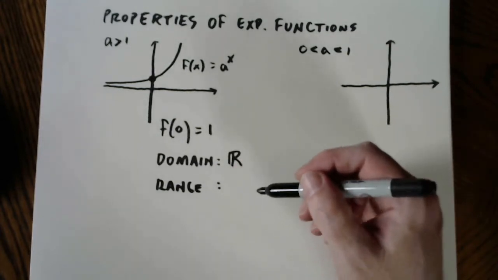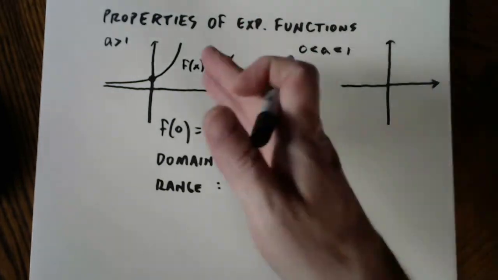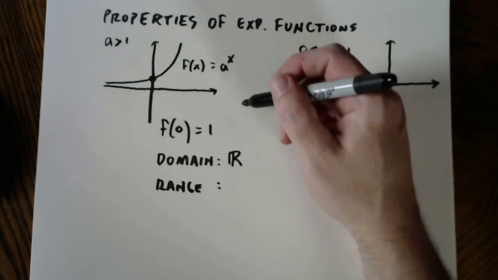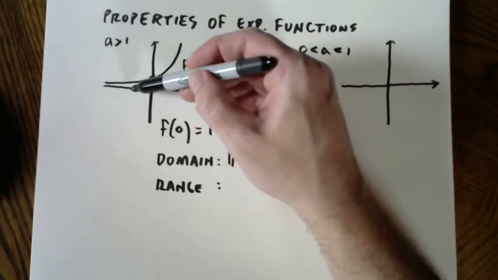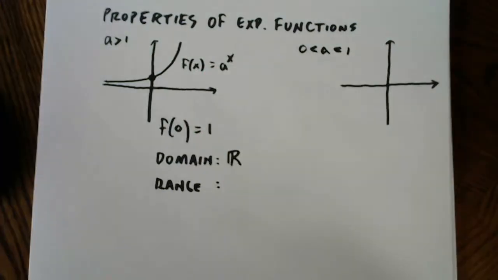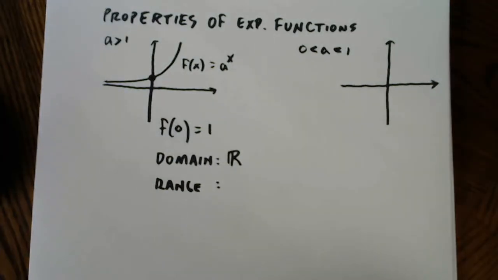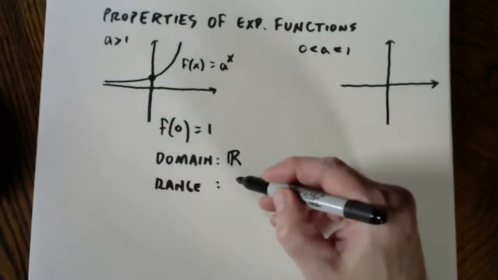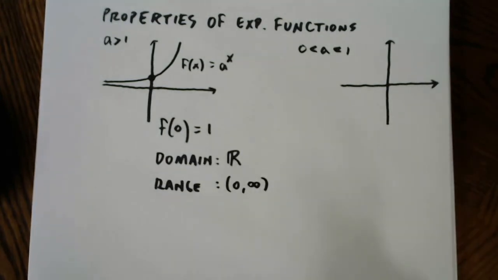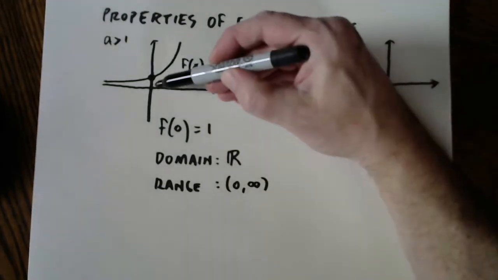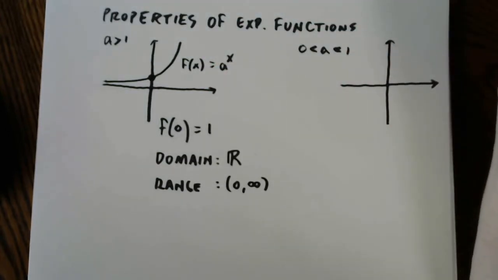Like I said, this grows without bound. So the right end behavior goes to infinity. And down here, this is asymptotic behavior. The x-axis is a horizontal asymptote. So this thing will approach 0 on the y-axis and never reach it. So effectively the range is all positive values of y, or f of x.